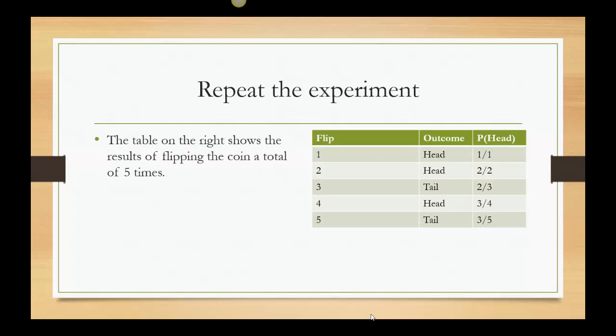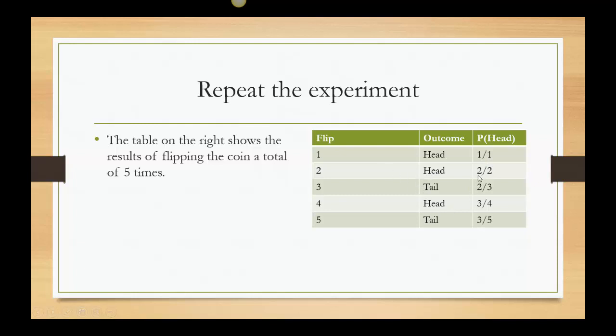So the table on the right shows the results of flipping the coin a total of 5 times. You can see I numbered my flips, flip 1, 2, 3, 4, 5, and then the outcome, and I had heads, heads, tails, heads, tails. On the farthest column, I gave you the probability of getting heads. So with one flip, getting heads is 1 out of 1, one head out of 1 experiment. I flipped it again, and I got heads.